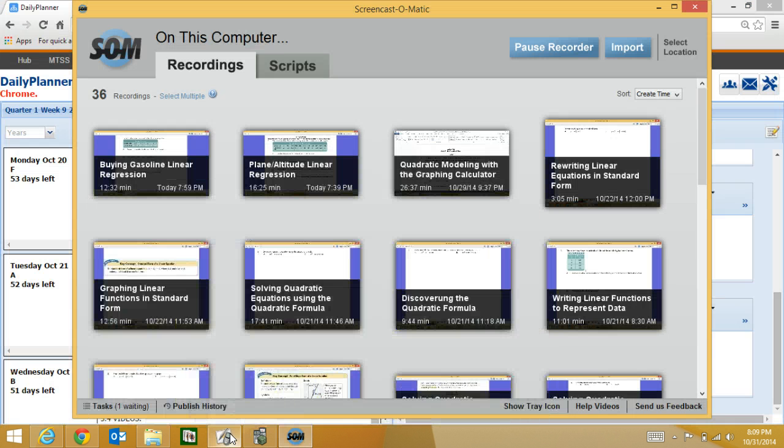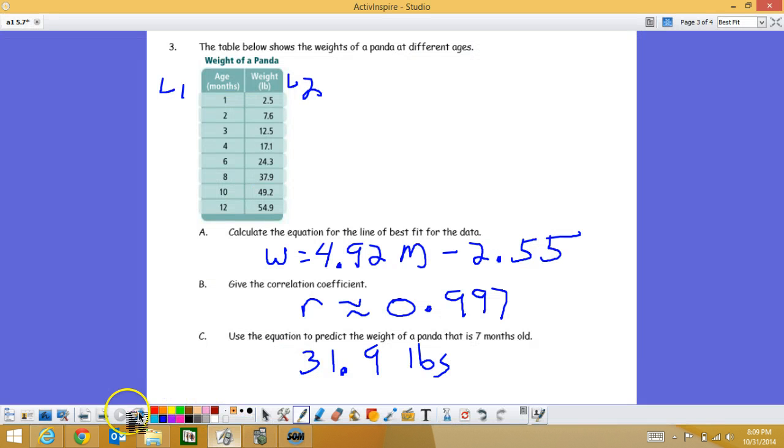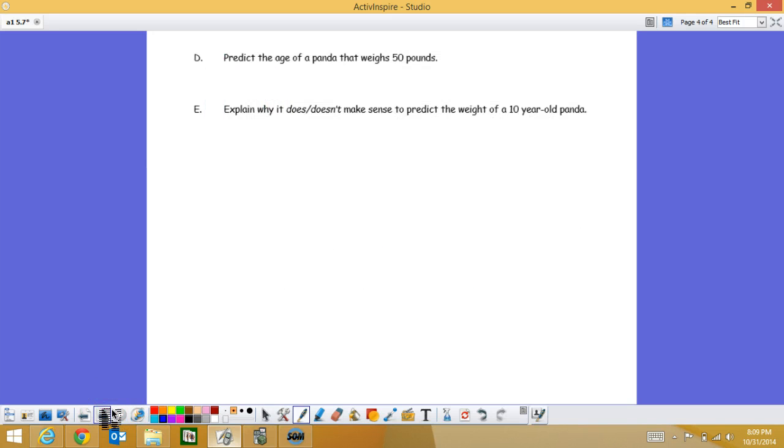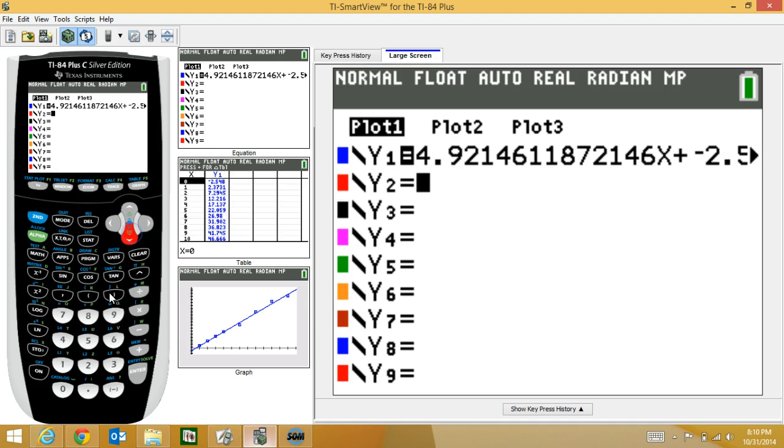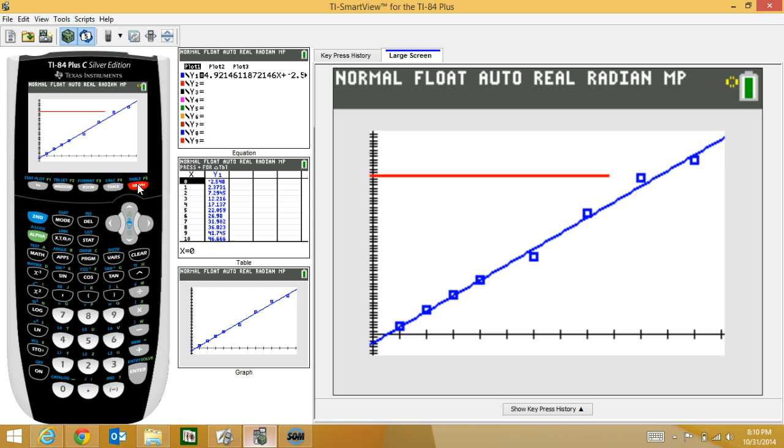In the next part, part D, we're going to predict the age of the panda that weighs 50 pounds. So we're going to go back to our calculator, and on the Y equals screen we're going to put a second equation, because we want to know when the weight of the panda is going to be 50 pounds. So we're going to put 50 into Y2, and then hit Graph again. And now we have a horizontal line that intersects that blue line.